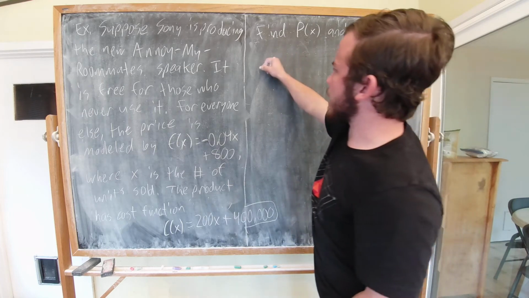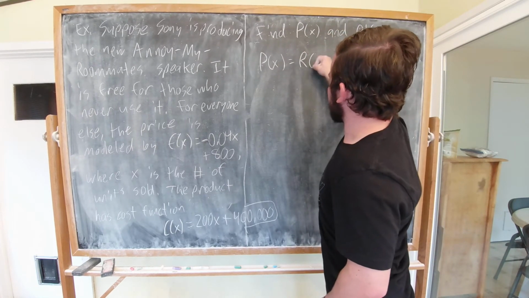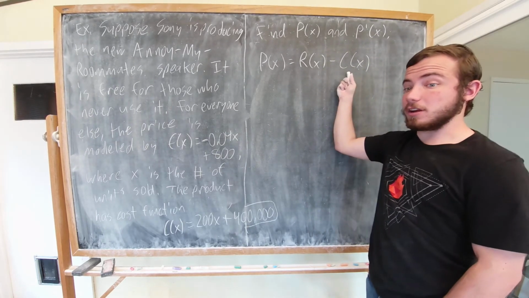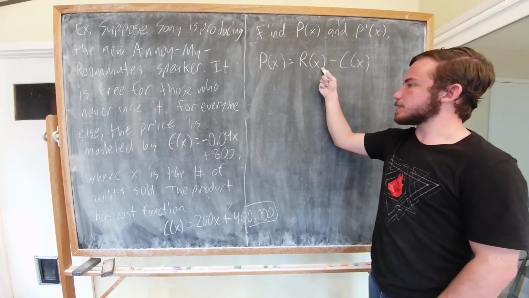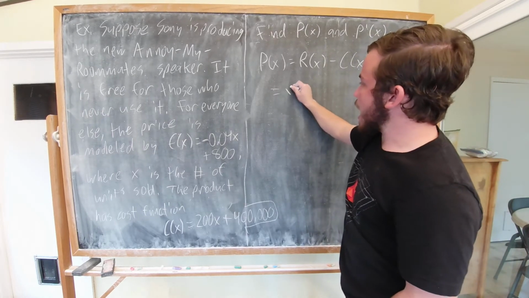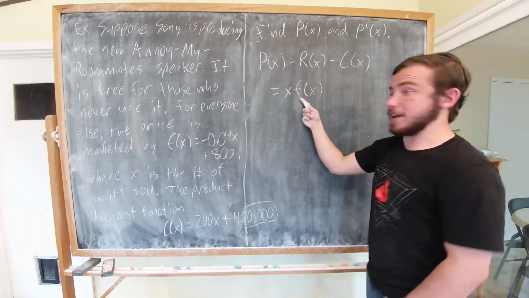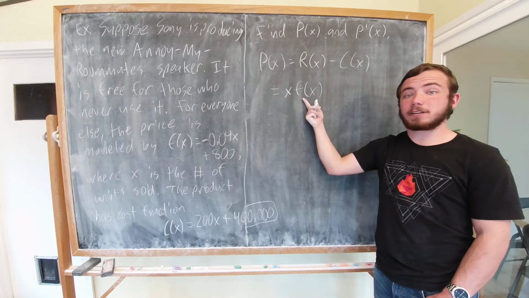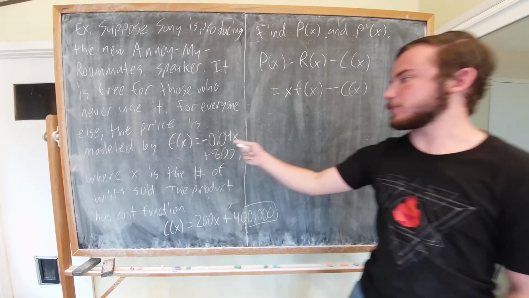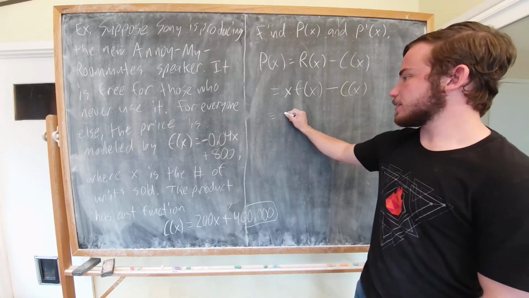Well, we know P of x is revenue minus cost. I have a cost function, but I don't have a revenue function. Or do I? Revenue is x times f of x, where f of x is our price function. We have our price function right here. So we actually do have all we need.